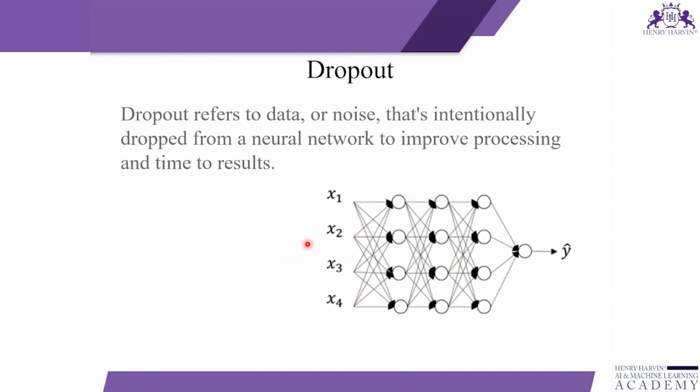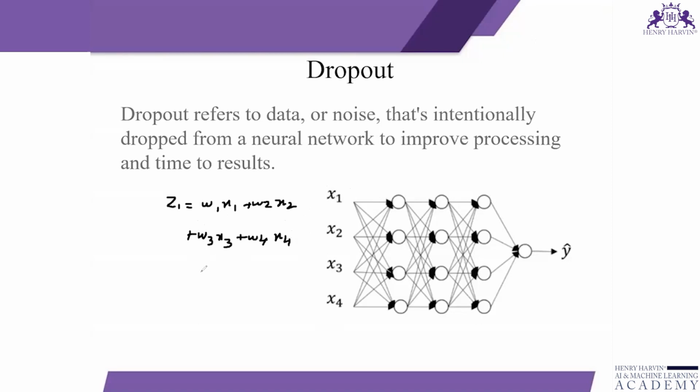In this case, we will be writing Z1 as W1x1 plus W2x2 plus W3x3 plus W4x4. Here we had 4 inputs, and just say I have taken 4 weights also. So I can write Z1 as W1x1 plus W2x2 plus W3x3 plus W4x4.